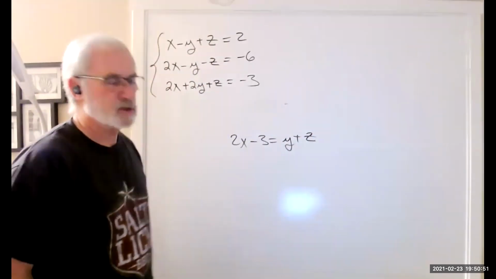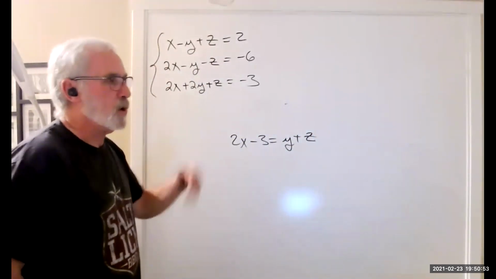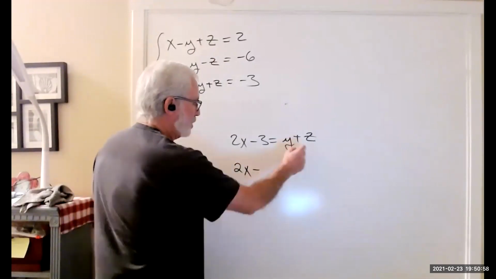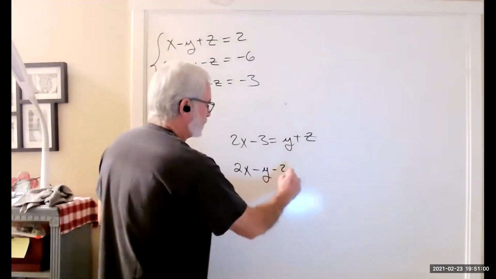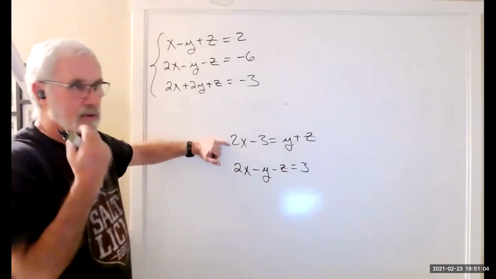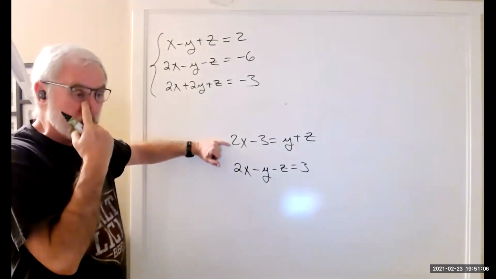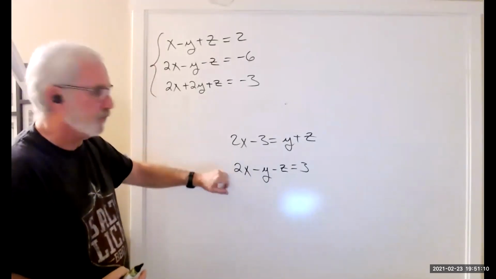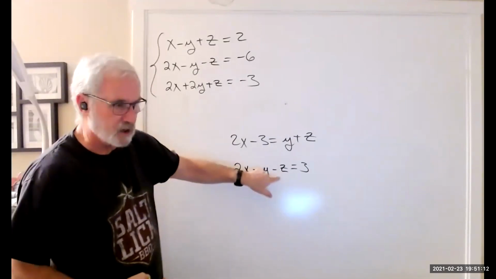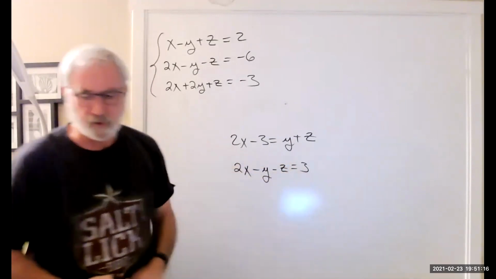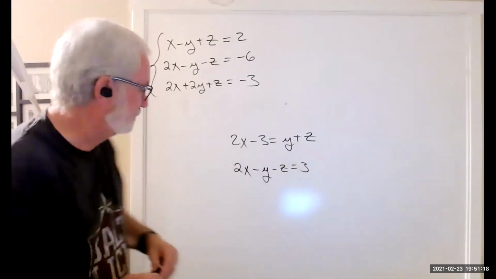They'll do something just to screw you up. Well, you have to use your algebra skills to get 2x minus y minus z equals 3. So even if the problem is out of order to begin with, this process says you have to put it in order: x, y, z equals number.